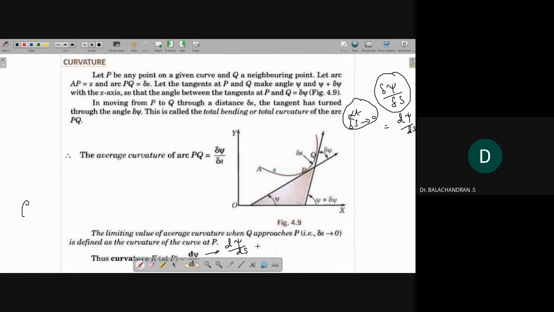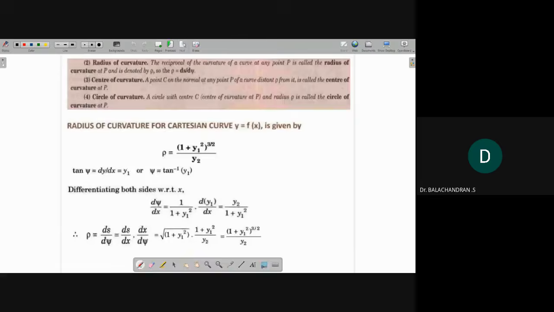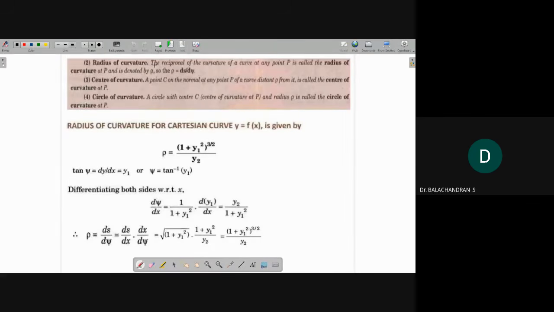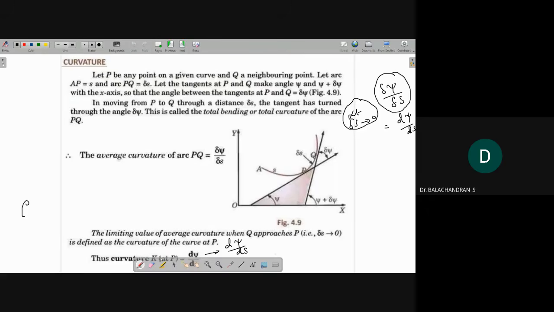The reciprocal of the curvature is called the radius of curvature. The reciprocal of the curvature of a curve at any point P is called the radius of curvature at P, and it is denoted by rho.